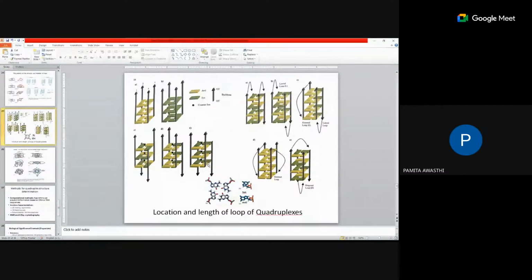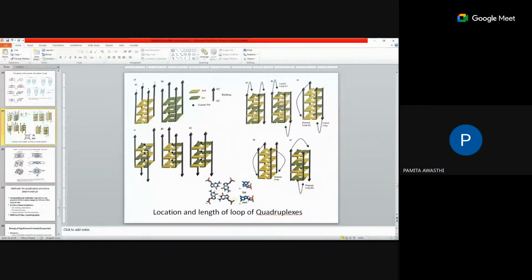Now, if you see this change in polarity over here, you have two alternate side chains. They are in opposite direction, so it is anti-parallel. Here one is in the opposite direction, anti-parallel. Here in one phase, two are in opposite directions. The two different phases, this is in one phase. When this happens, the conformation of the glycosidic angle, that is the chi angle, also changes.